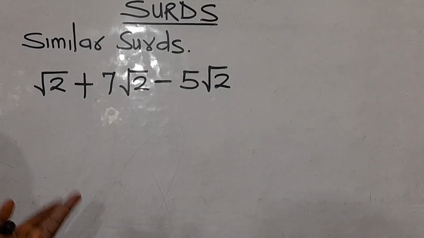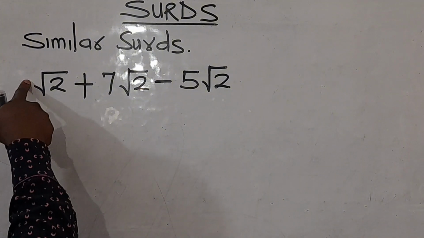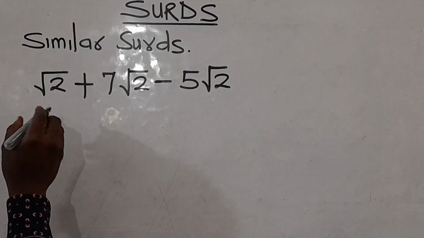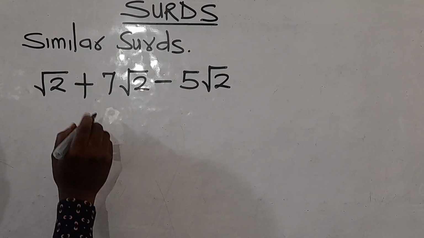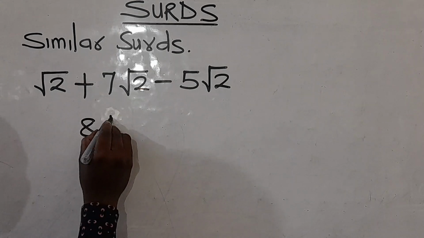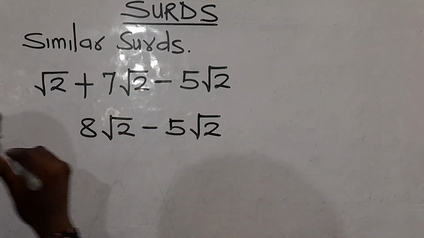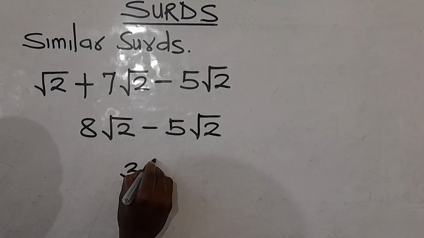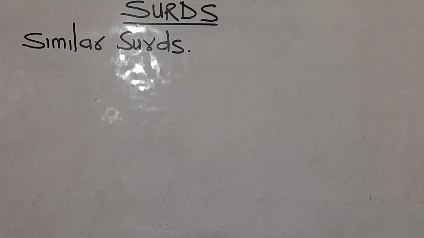We can do this in two ways for clarity. You know what you have here is 1, here is 7. 1 plus 7 is 8. 8 root 2 minus 5 root 2. So your answer becomes 3 root 2. This shows that we can manipulate similar surds.